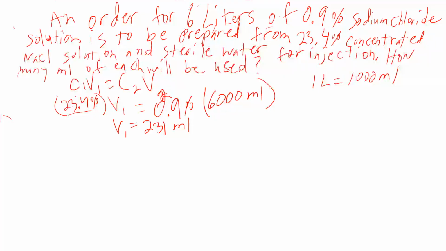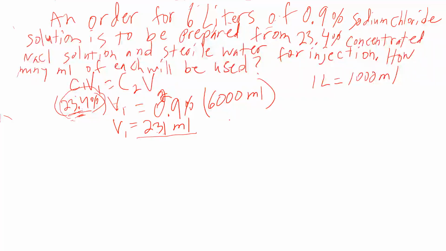So we're adding this much of concentrated sodium chloride, and V2 is the volume of the 0.9% sodium chloride. Just look right next to the V that we figured out, and it'll tell you what that means. So it's 231 mils of the concentrated sodium chloride that we're using.